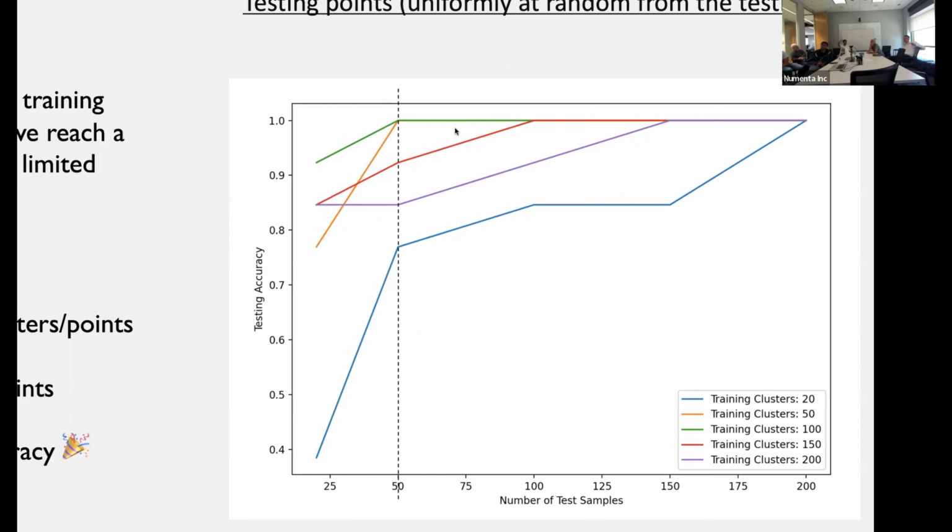But if I used a little bit more training examples, like 150 or 200, it performs slightly worse. And the reason is exactly the intuition behind asking this question: there is indeed a sweet spot for the number of training clusters I need. Any more than 50 or 100 in this case just introduces noise into the problem.